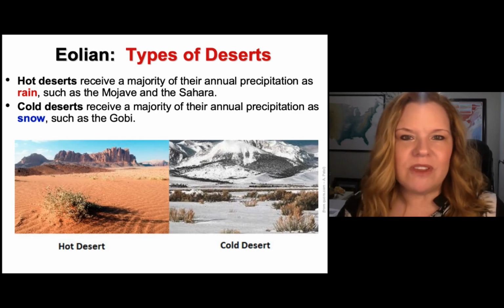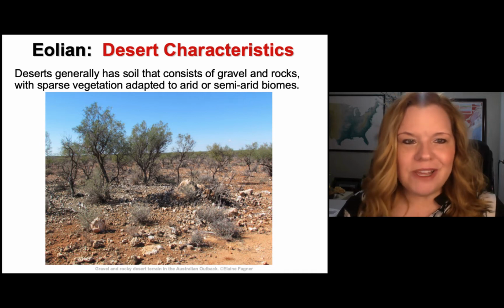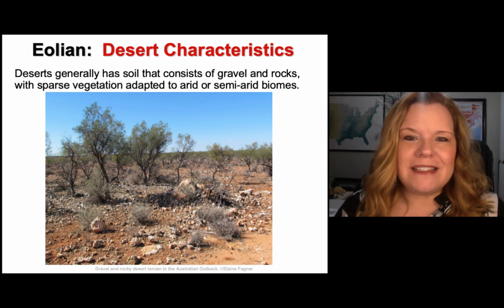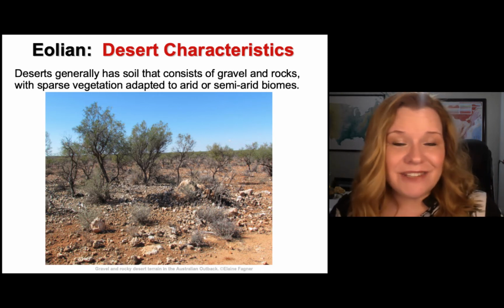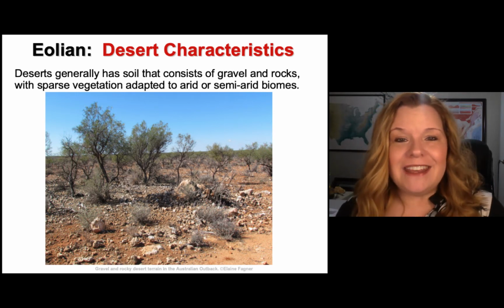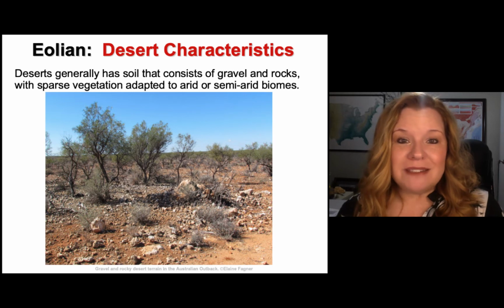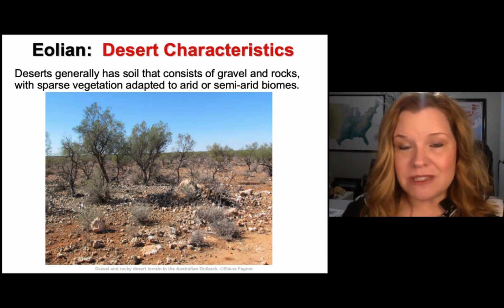Some desert characteristics that are really important is that most deserts have lost a majority of their soil. So what soil does exist is usually very thin, not very fertile, and the plants that live there have to be adapted to conserve whatever water they can receive.